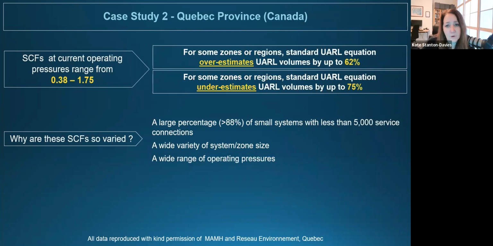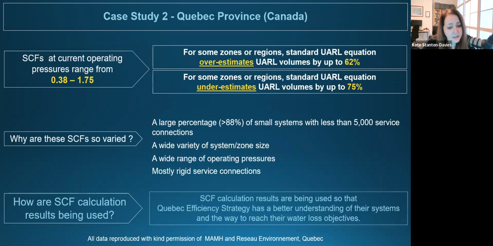Similarly, a wide range of operating pressures, which will also be instrumental in that wide range of values of SCF, and mostly rigid service connections. The SCF calculations are being used as part of the Quebec efficiency strategy, so that the team have a better understanding of their systems and the most efficient way to reach their water loss objectives.